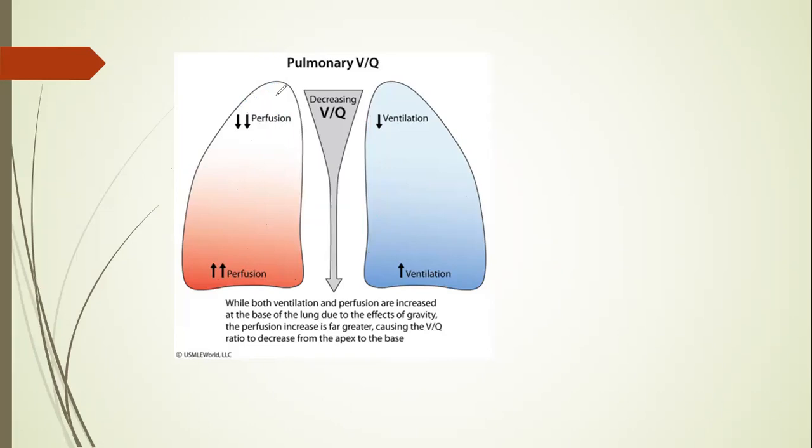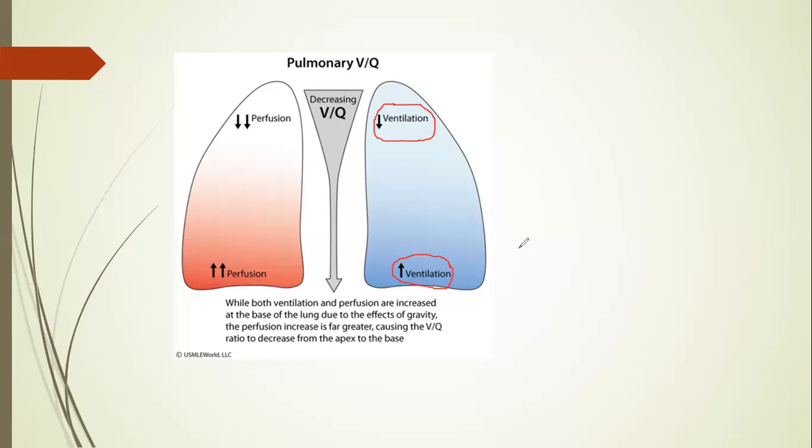So at the apex, we have low ventilation. Who can remind me why we have low ventilation at the apex as compared to the base? Because that has been the topic of the previous slide. Yes, Lucy? So at the apex, we have the large alveoli.